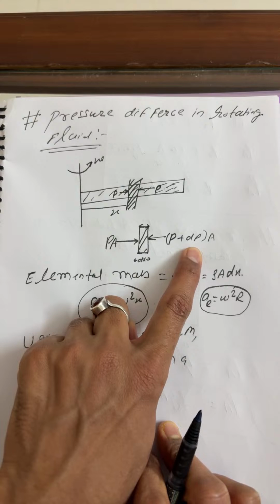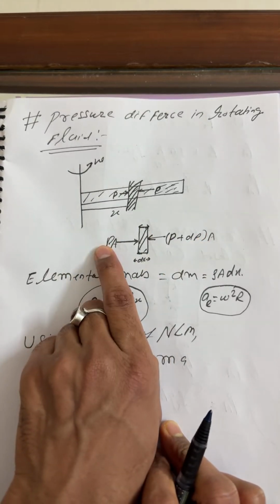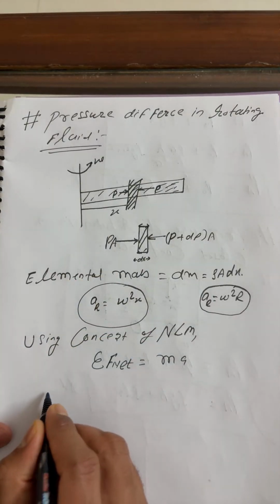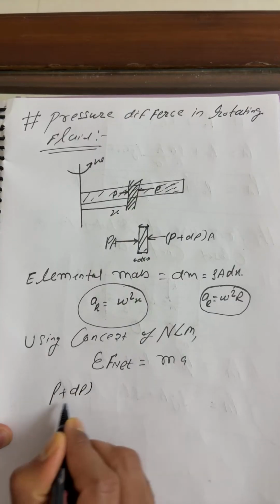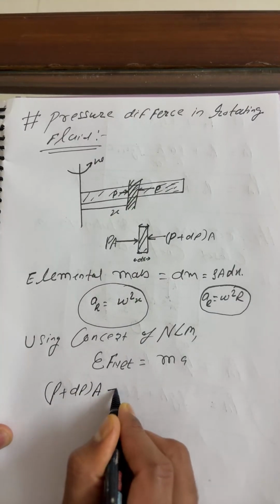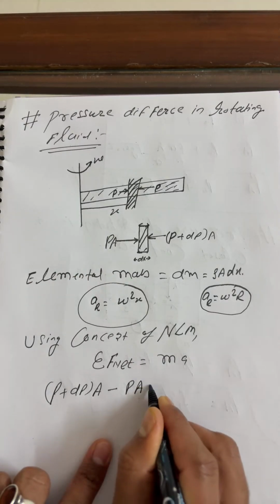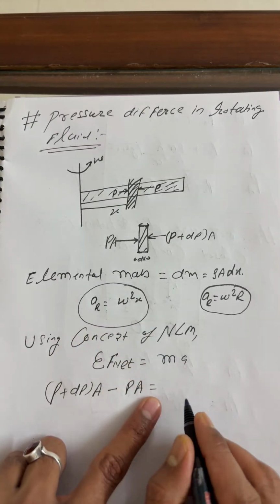This is the larger force and this is the smaller force, so you do this minus this, because it is the driving force. So you can write (P plus dP) into A minus P into A, this is pressure into area, is equal to dm into a.